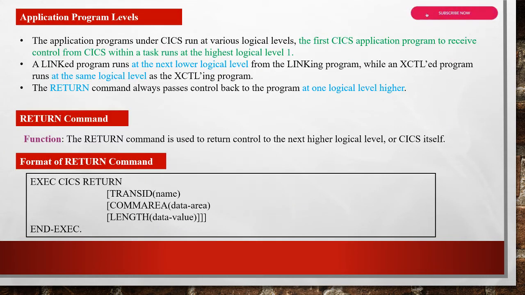What are application program levels? The application programs under CICS run at various logical levels. The first CICS application program to receive control from CICS within a task runs at the highest logical level, 1.